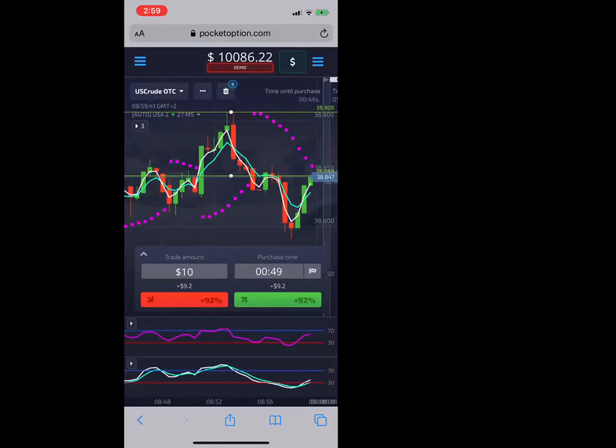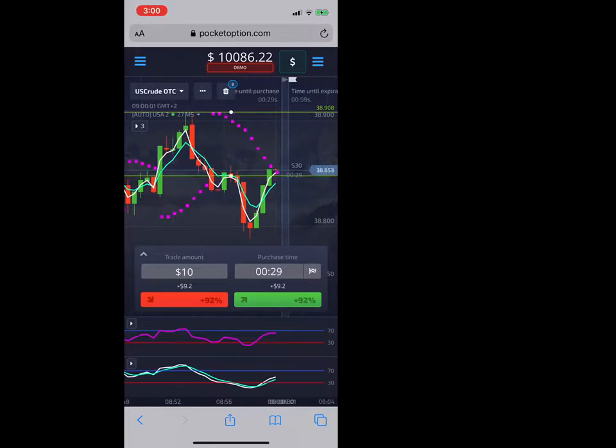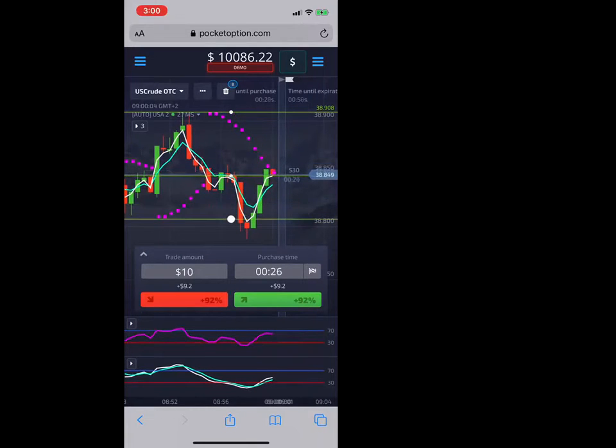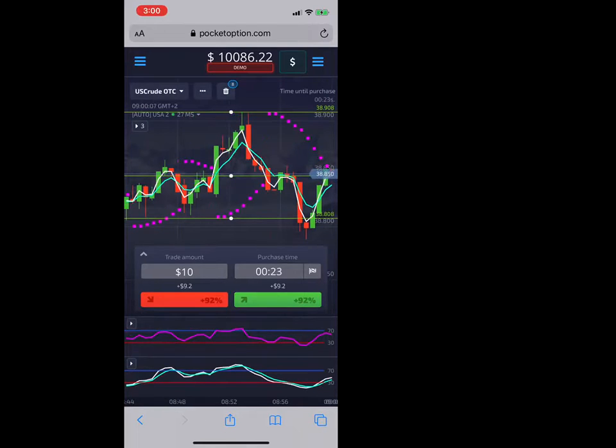So look at where I place my first line. I place it above my double parabolic. The reason why is because anytime the parabolic sits above, you want to place your line at the top of the double parabolic. If you're looking for a buy, you want to place it below your double parabolic.